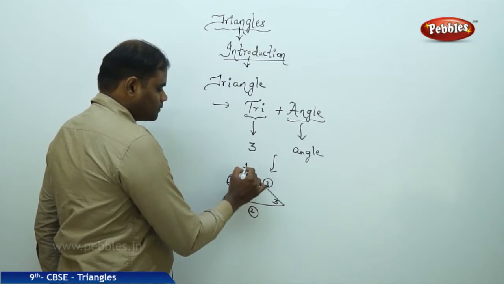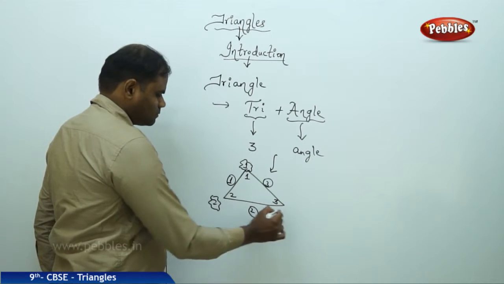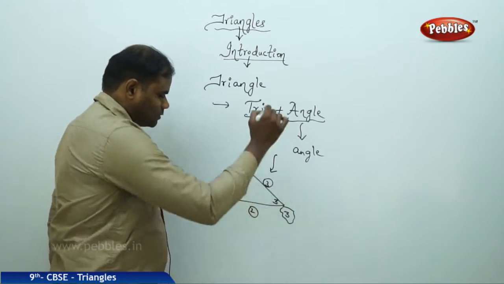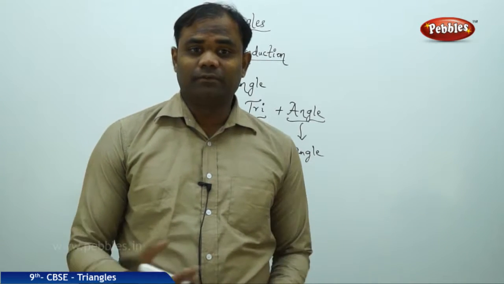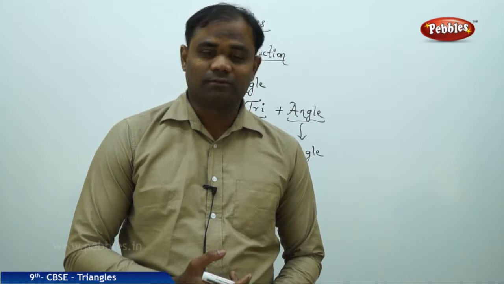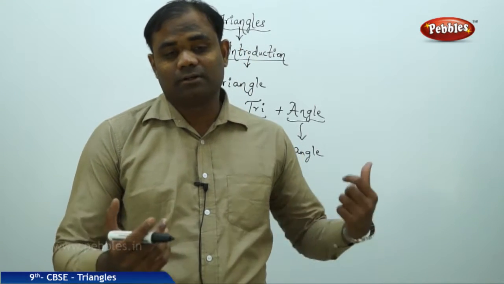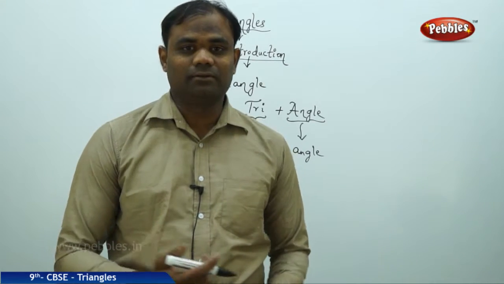So a triangle has 3 angles, 3 sides and 3 vertices. Study of 3 angles of a geometrical figure is what we refer to as a triangle.